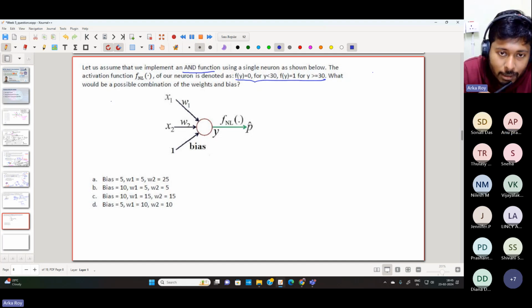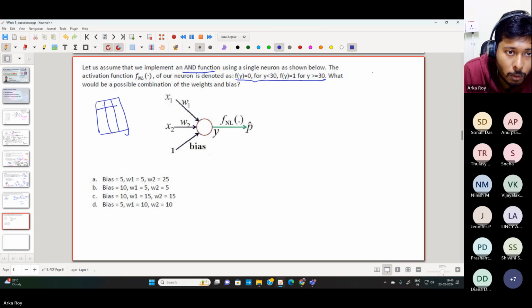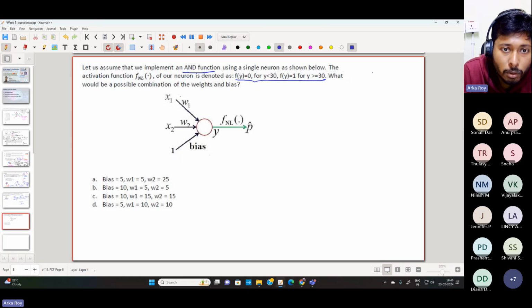The only catch is that if in the question they provide the values of x1 and x2, then it would be easier to understand. And if they do not provide the values of x1 and x2, then you have to consider all 4 cases, because you need to match for which of the cases the options are not working. So you have to do the whole thing.